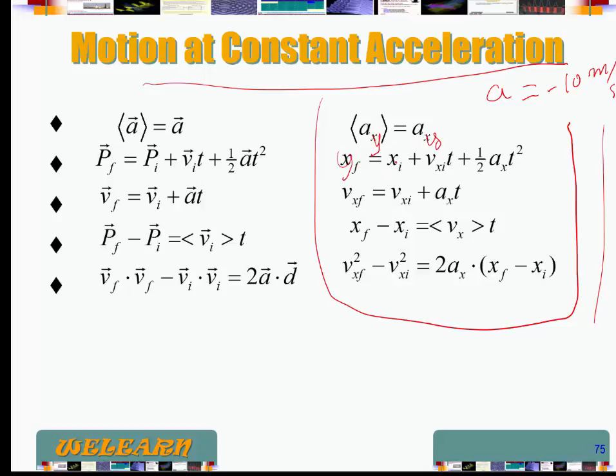So everything is a y instead of x. And then my acceleration is just minus 10 meters per second squared. These are the equations we will use for free fall motion.